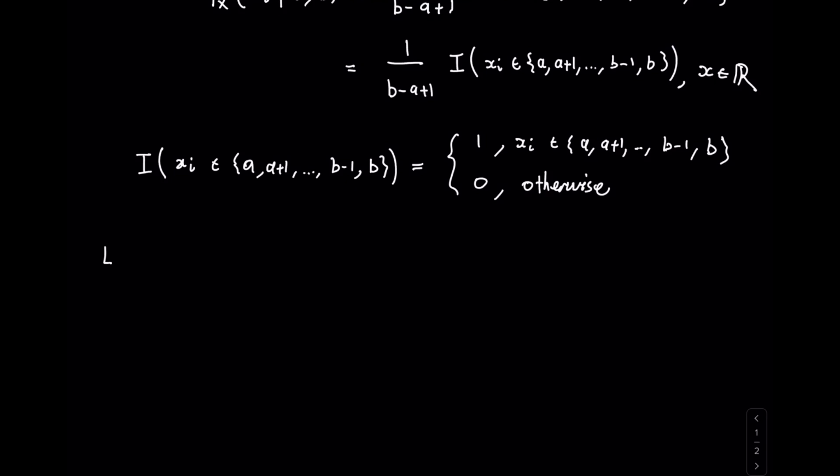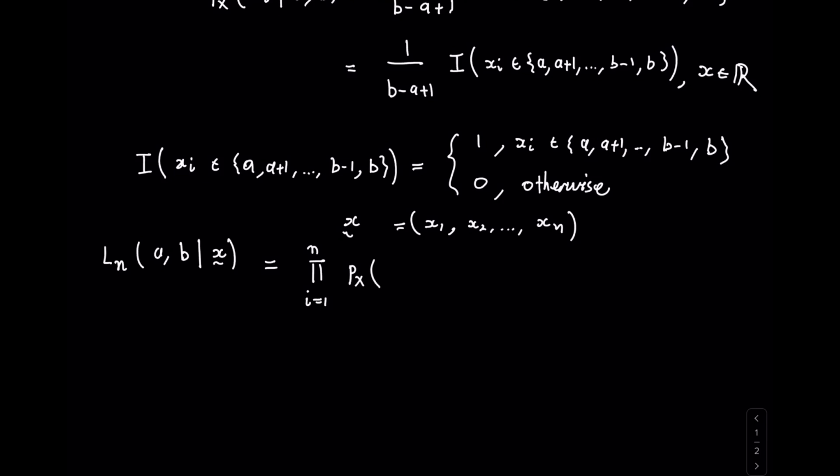So the likelihood function L with n data points for the parameters a and b, given our set of data x tilde, which is a vector of our data x1, x2, all the way to xn, by definition is equal to the product from i equals 1 to n of the respective p_X of xi given a, b.